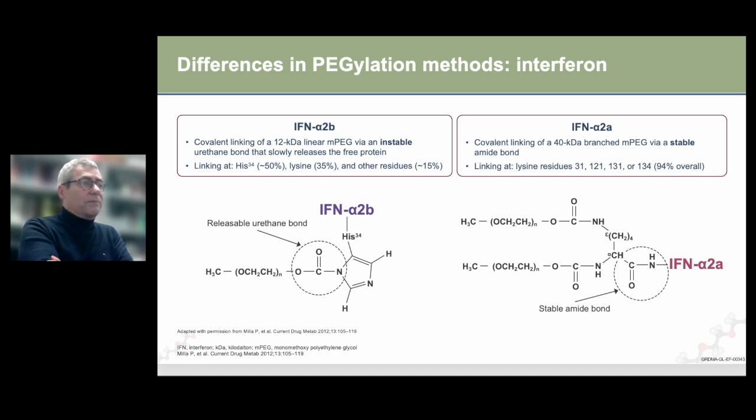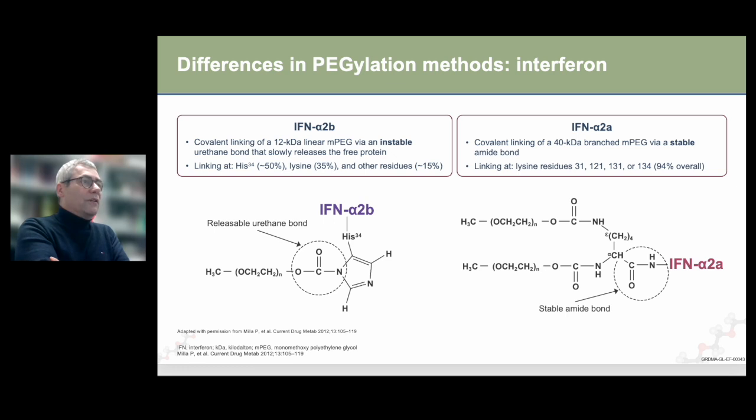So there is not the problem of high hindrance of the polymers, which causes a reduction of the activity by masking of the active site. Indeed, these derivatives maintain more or less 35% of the activity of the native protein.